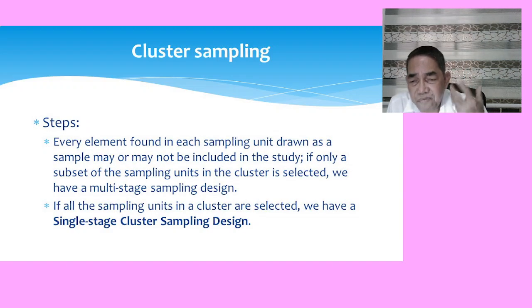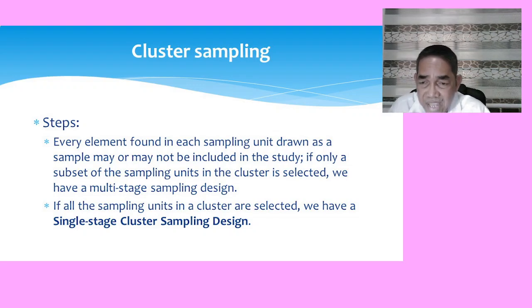Every element found in each sampling unit drawn as a sample, meaning all medical students in the first year, second year, third year, and fourth year, may or may not be included in the study.